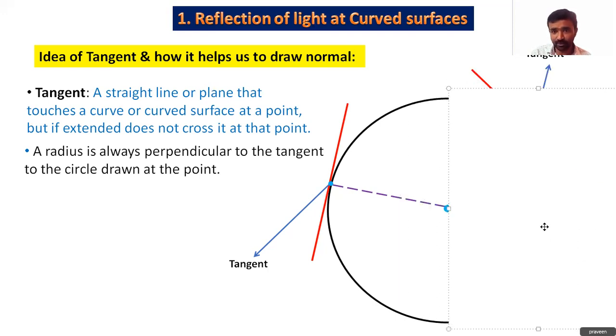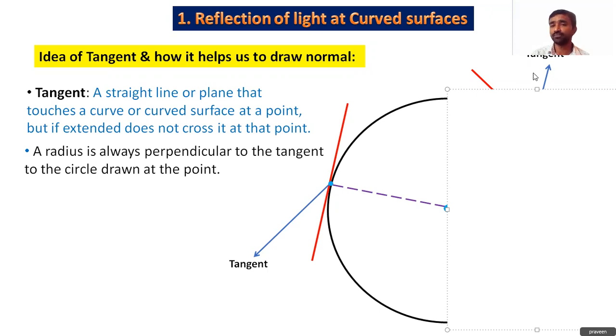Is it looking perpendicular or not? Is it looking like a curvature or not? A part of a circle is nothing but curvature. So at any point, the normal is nothing but the radius. Only the radius of that curvature is considered as the normal.